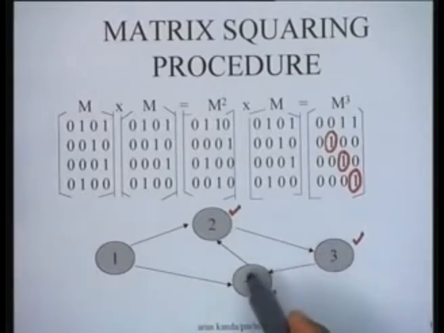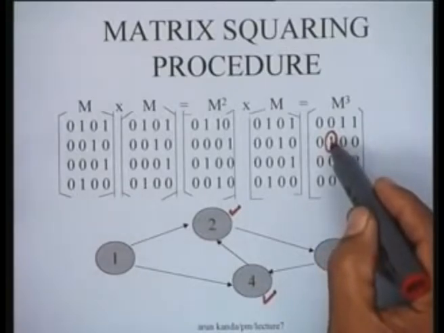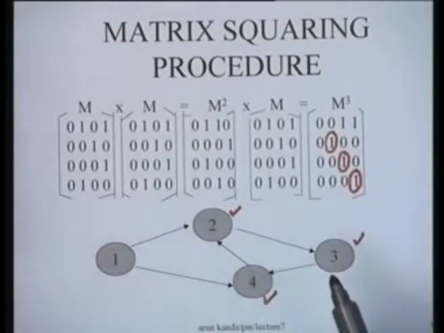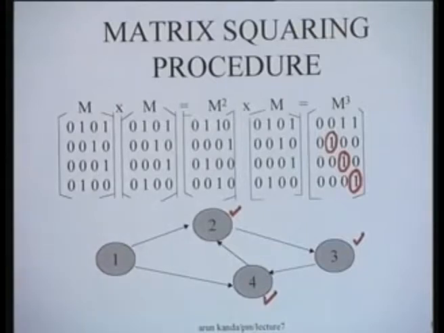So there is a path with 3 links. So this is the interpretation of a 1 which appears in this particular matrix here. So by squaring the matrix in this procedure, if you get ones, it shows that there is an inconsistency. However, what would happen if you have a consistent network?